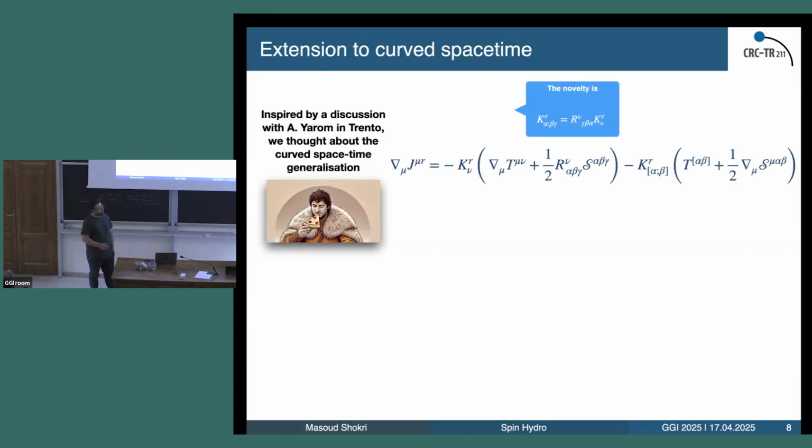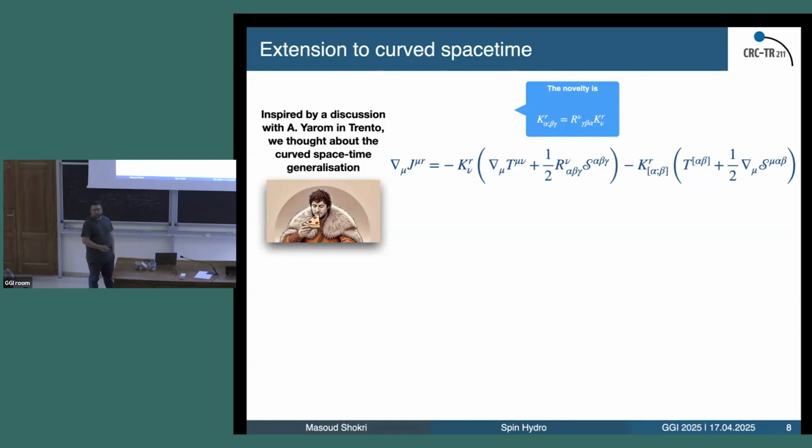And the main problem, or main novelty, is that the second order gradient of k will produce a Riemann tensor here. So then you take the divergence again, and you will end up with these two parts.